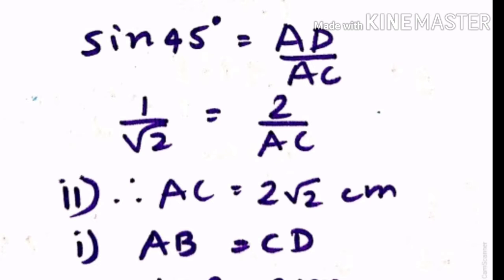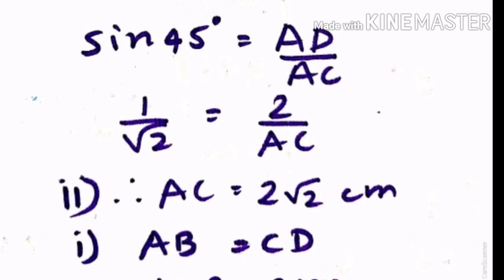So opposite in triangle ADC is AD and hypotenuse is AC. So I put the value again, sine 45 degrees is 1 upon root 2, AD is given 2, so I place that there, and AC I want to find out. So I get by cross multiplication AC is equal to 2 root 2 centimeters. Here they do not ask to get the value in decimals, so if you put root values it is perfectly alright.